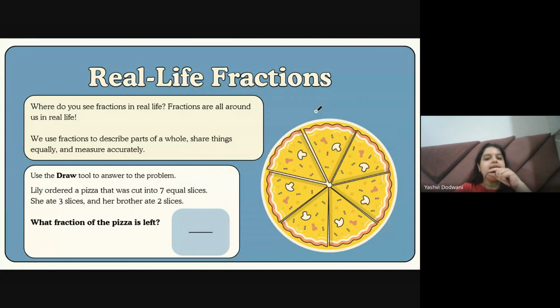Now let's take real life fractions. Where do you see fractions in real life? Anyone can tell. One example is there on the screen, that is the example of pizza. But any other example where you see fractions?